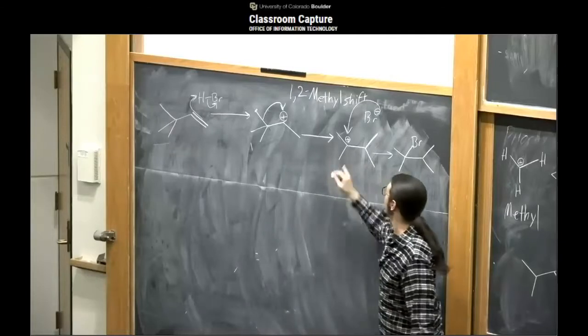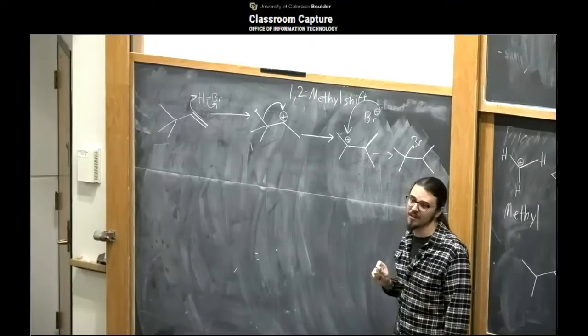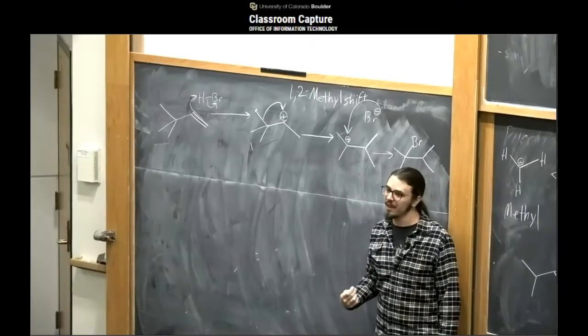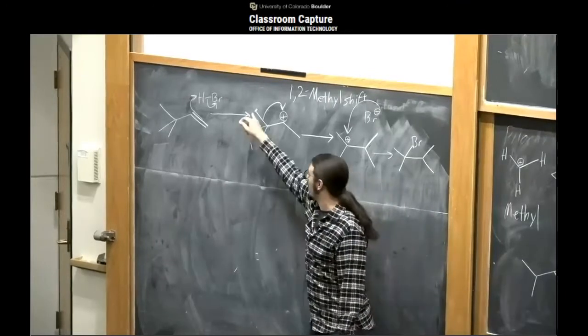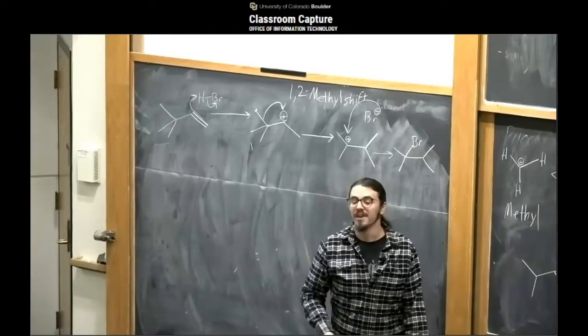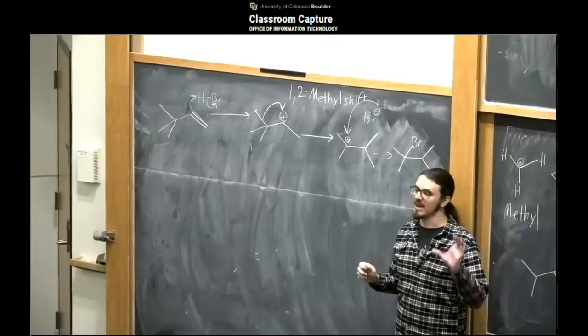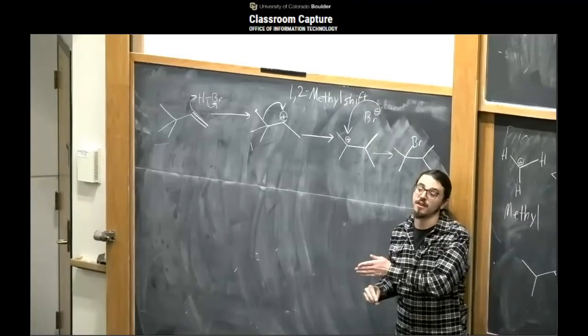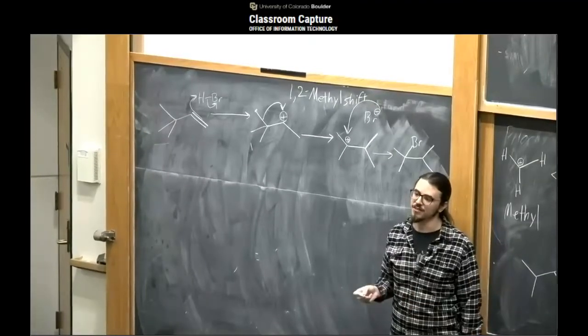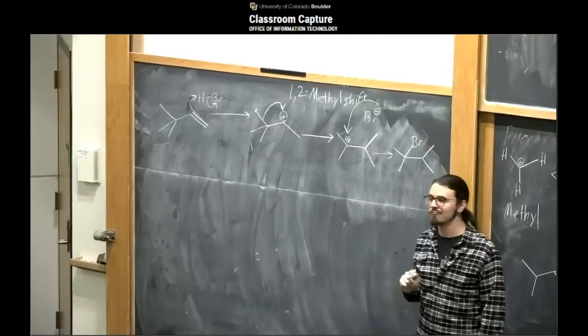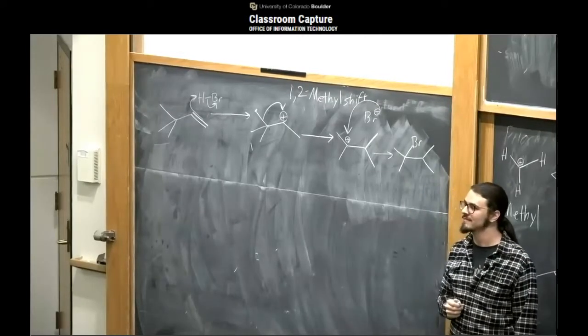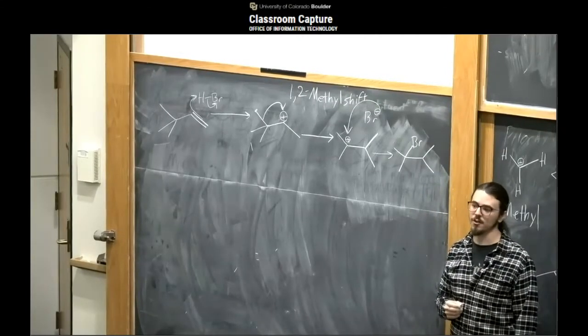If we can rearrange to make a tertiary carbocation, it's going to be energetically favorable. And you're right that this carbon-carbon bond is relatively strong, but because we have that carbocation there, it's going to weaken the neighboring bonds that are donating into it, which makes the transfer a little more facile. Other questions?